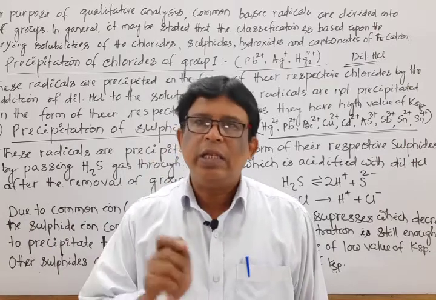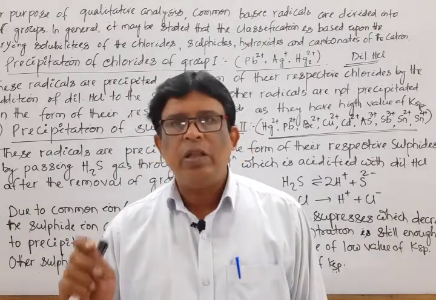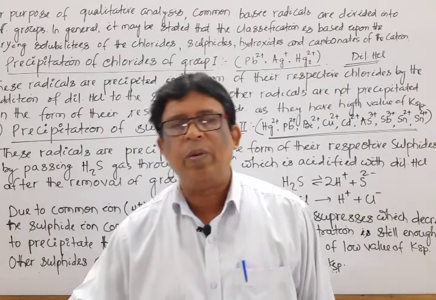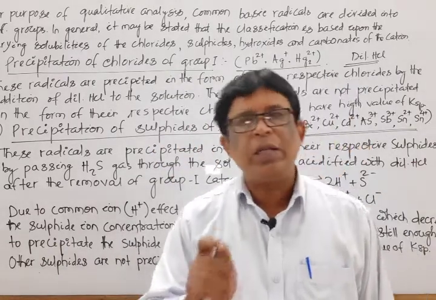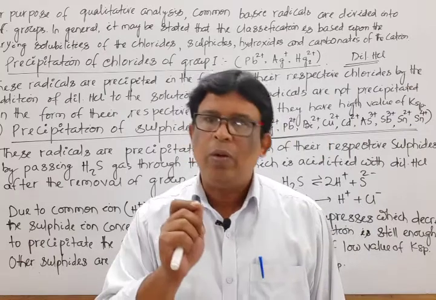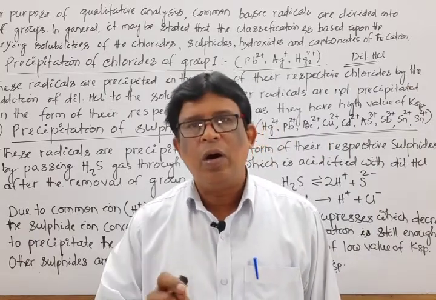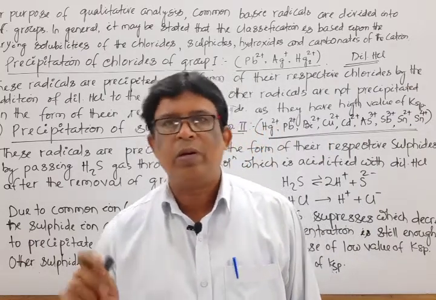That's why these radicals are precipitated in the form of their respective sulfides, while other cations are not precipitated here because they have a low value of ionic product or a high value of solubility product. Mark that.